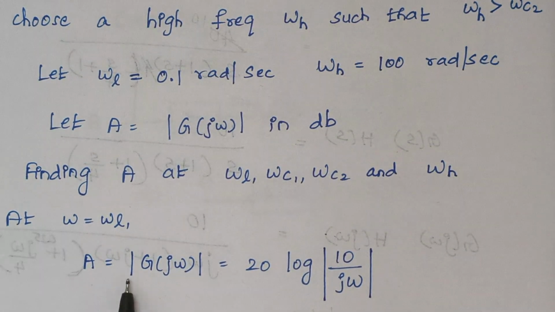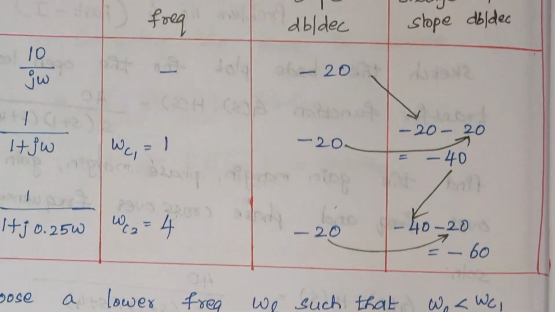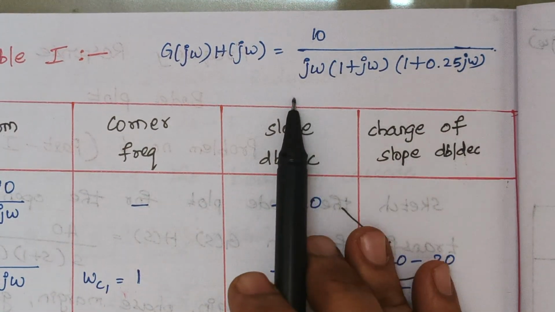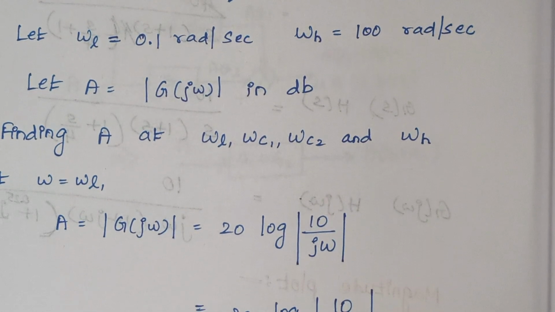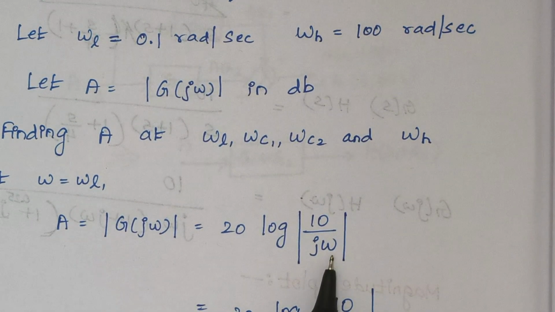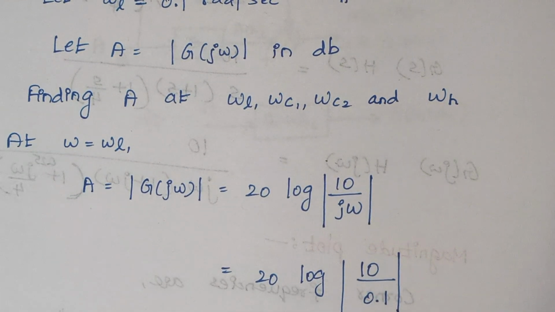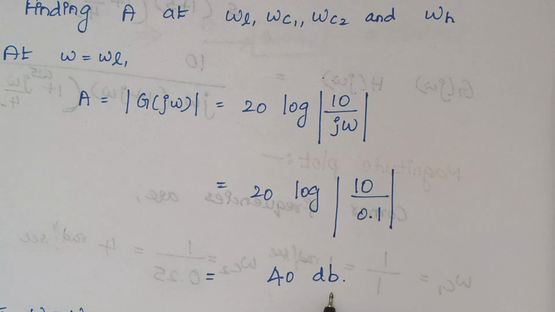From the problem we are having a constant 10 and an individual s term in the denominator. So A is 20 log 10 by j omega, and the value of omega L is 0.1. Just substitute the values here. When you substitute, we are getting the answer as 40 dB.